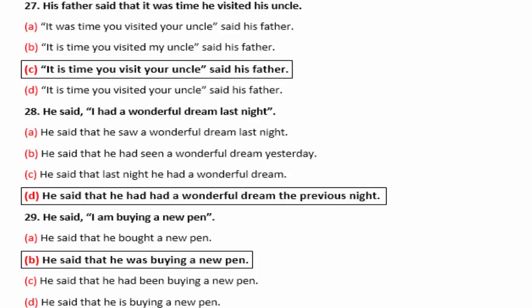You can see I had comes to he had, which means past simple goes to past perfect, and last night changes into previous night. The last sentence of the test, sentence number 29. He said, I'm buying a new pen. Option number B is correct. He said that he was buying a new pen. I am buying changes into he was buying.